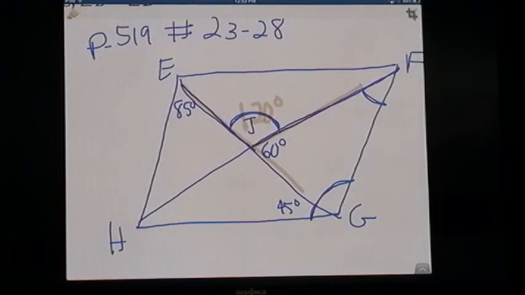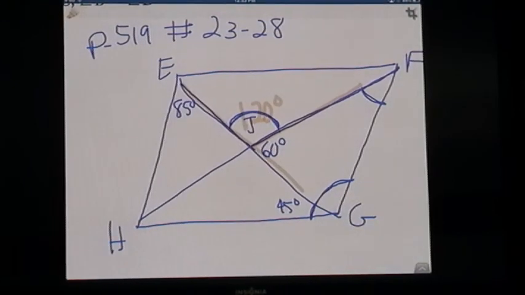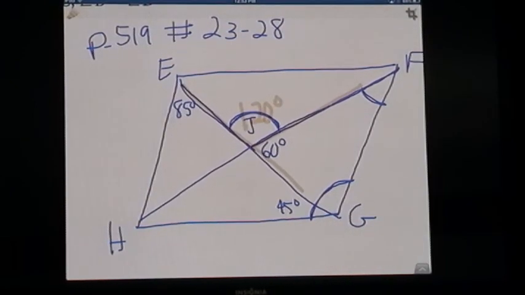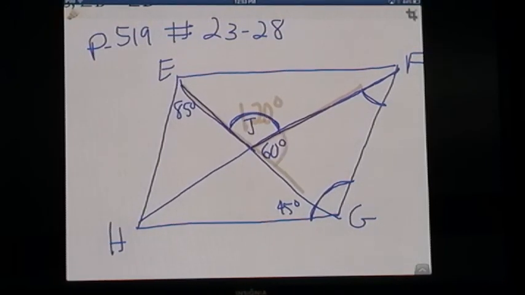Okay, so let's see. If angle EJF is 120 and angle FGJ is 60 degrees, then I know this one is also 60 degrees because they're vertical angles, and I can find this angle here.